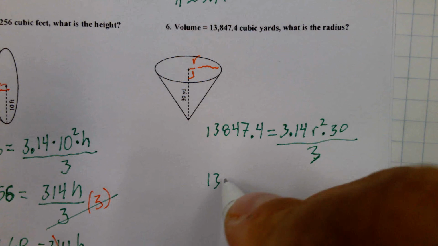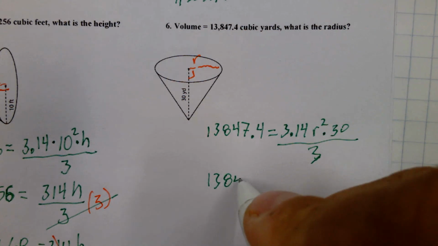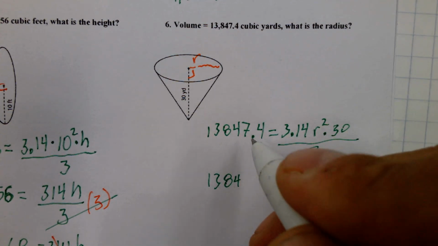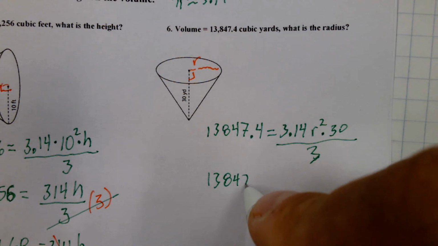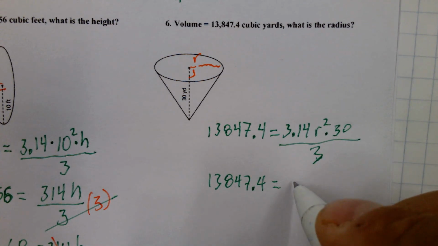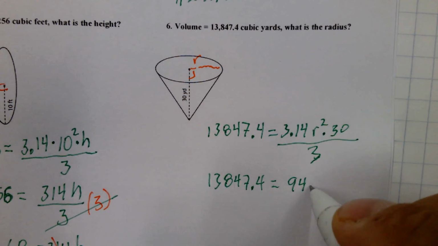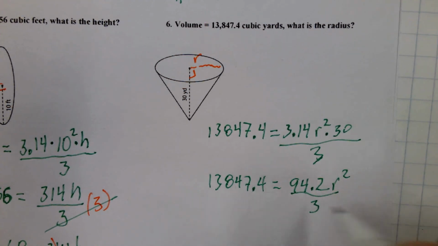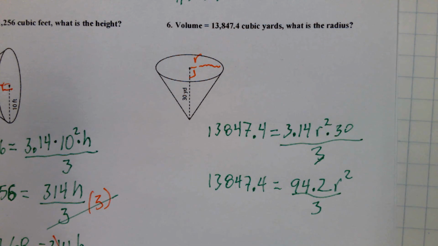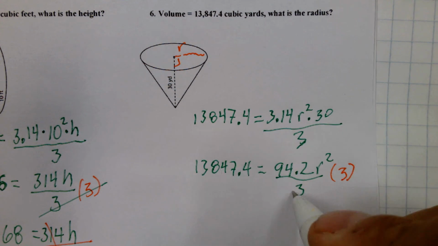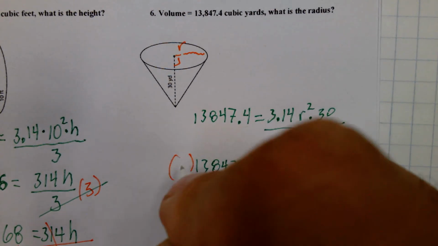So 13,847.4 equals 94.2 radius squared thirds. Yeah. So now let's multiply by 3. I will cancel this.